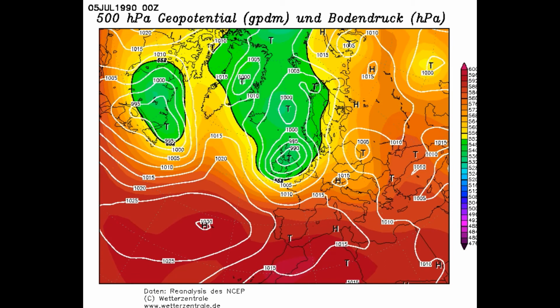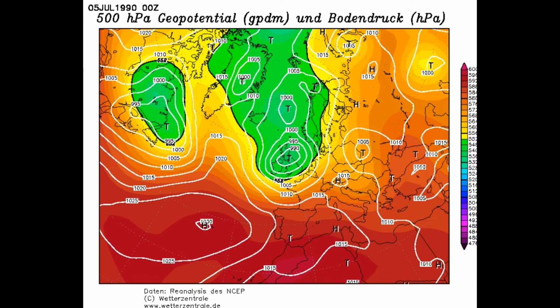Through into the 5th of July again, another very autumnal area of low pressure there. That looks pretty dismal actually, down to 990 millibars. And really some quite breezy weather as well around those tight isobars. So again, no sign of the summer, but not long now. That will change pretty quickly.